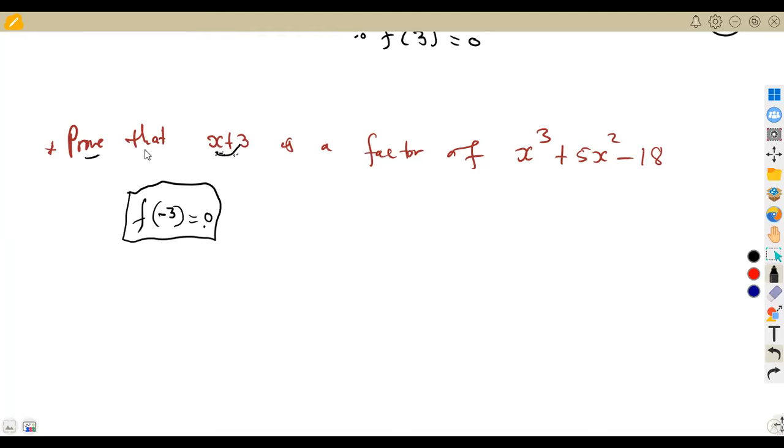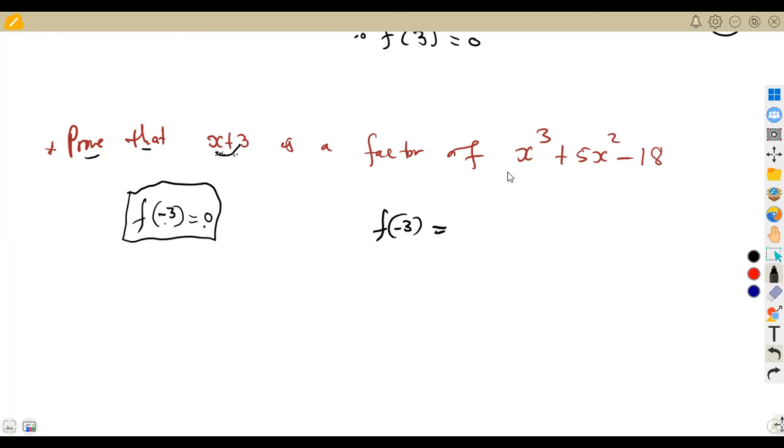So our question has to prove that f of minus 3 should give us zero. If it is not zero, it's not a factor. So let us find f of minus 3.